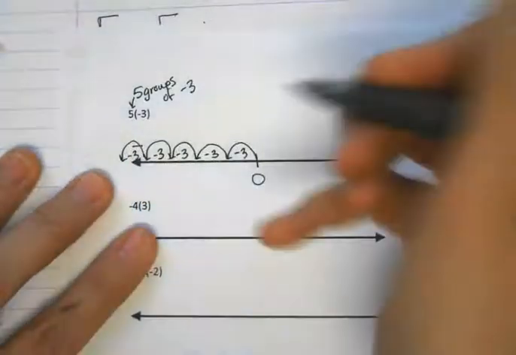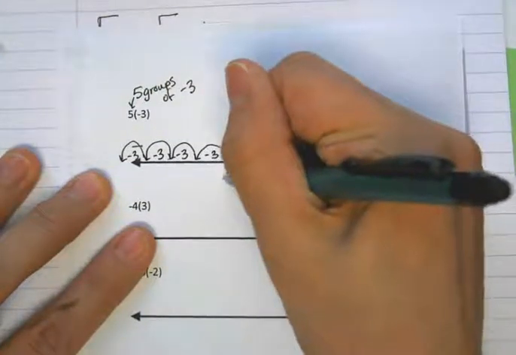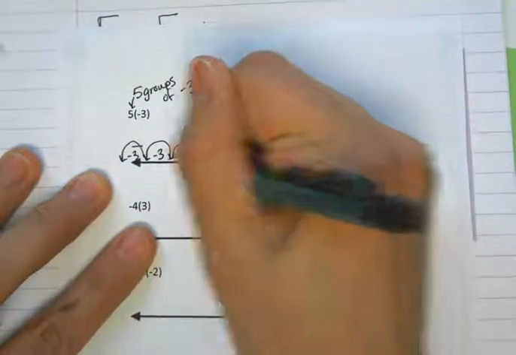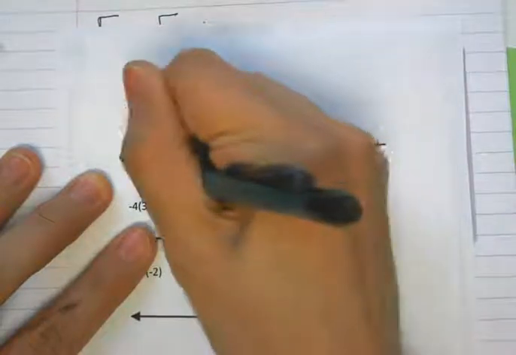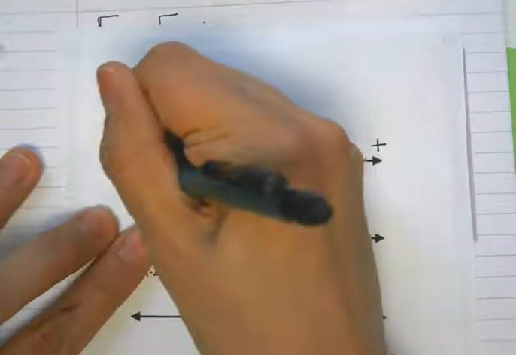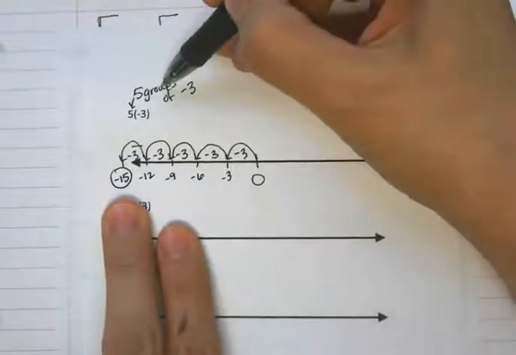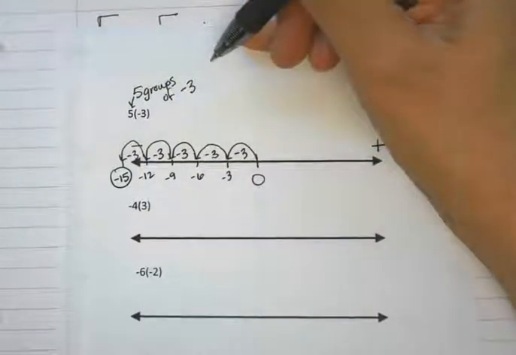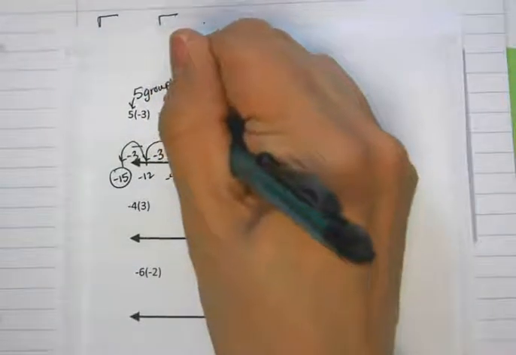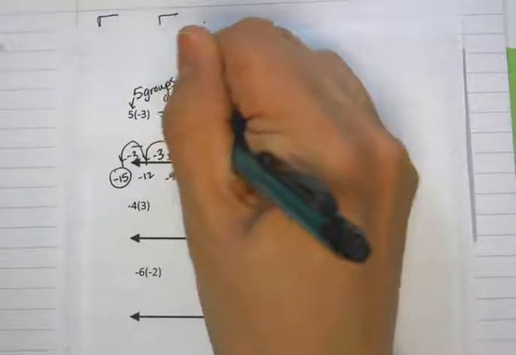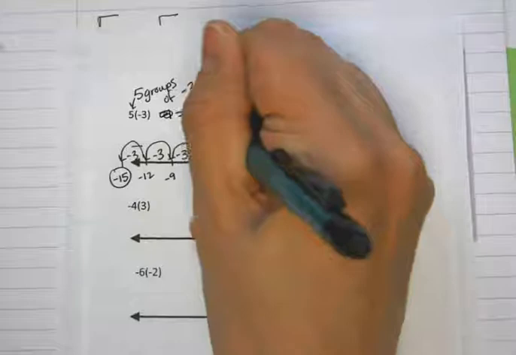And then I can kind of skip count. I'm going to do negative 3, negative 6, negative 9, negative 12, and negative 15. So 5 groups of 3 negatives is negative 15. So 5 times negative 3 equals negative 15.